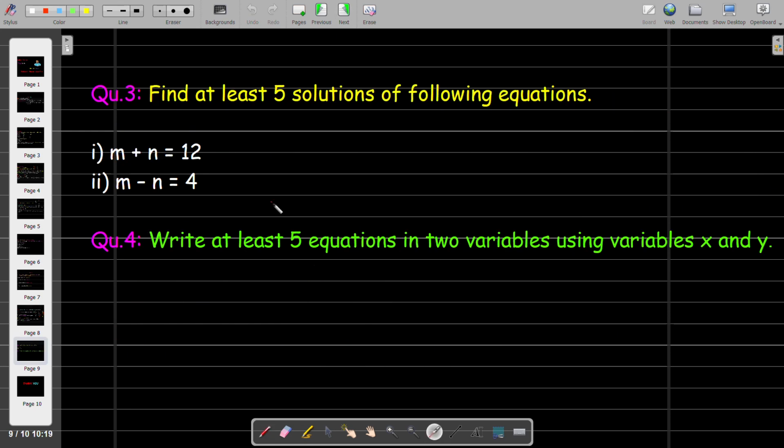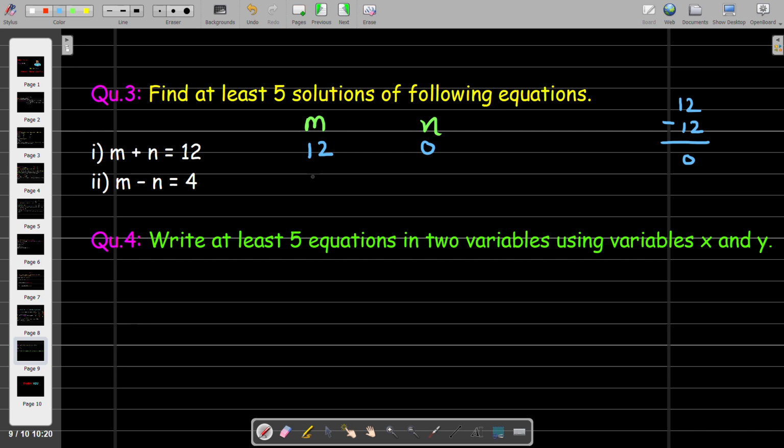Next example, find at least 5 solutions of the equation m plus n is equal to 12. So we write here variable m and variable n. If we take the value of m equal to 12, so the value of n is 12 minus 12. We subtract the value of m from 12, we will get 0. Therefore n is equal to 0.